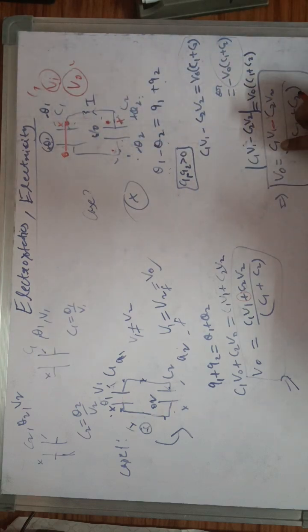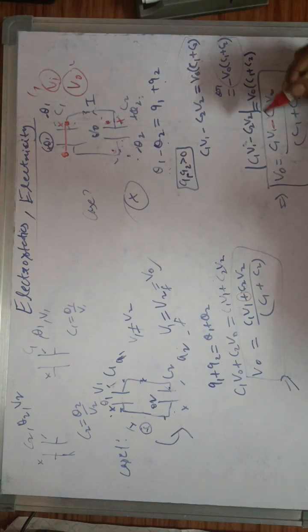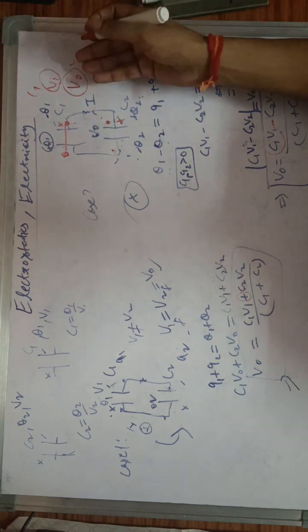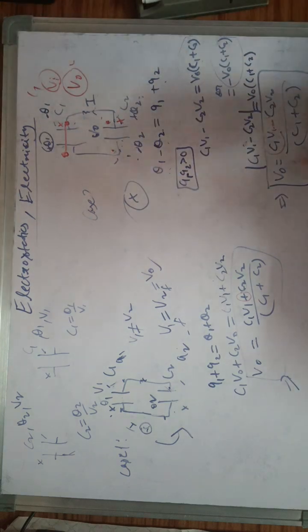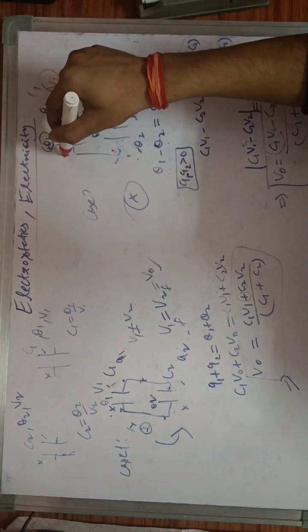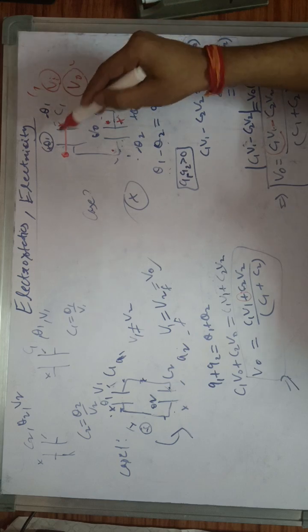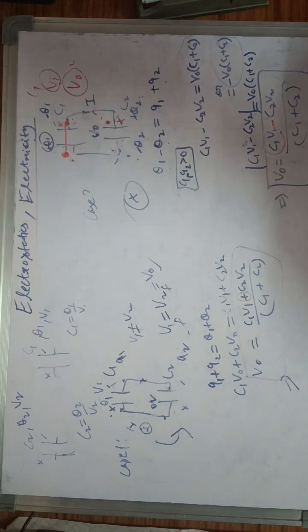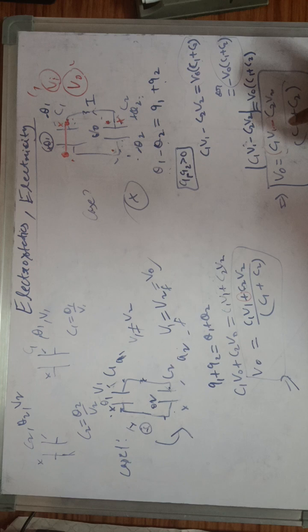And if this becomes less and this becomes large, meaning this value becomes negative, then this V1 potential difference will have the opposite sign to V0. Meaning if V1 has higher potential here and lower here, then V0 will have higher here and lower here. That's what it would mean. So we can understand it this way: just remove the modulus and understand from the sign of this value.